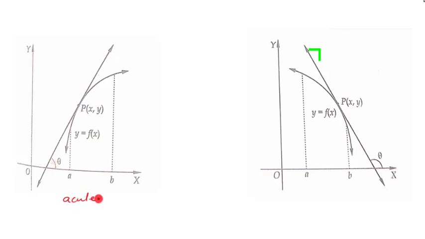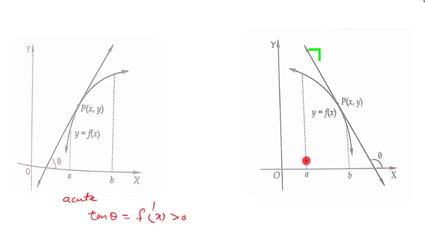We know very well that the slope of the tangent is given by tan theta, which is nothing but simply f'(x). So when theta is acute, tan theta will be positive, meaning f'(x) is greater than 0. So for a function which is increasing, if at any point we draw the tangent, then f'(x) remains positive because theta remains acute.